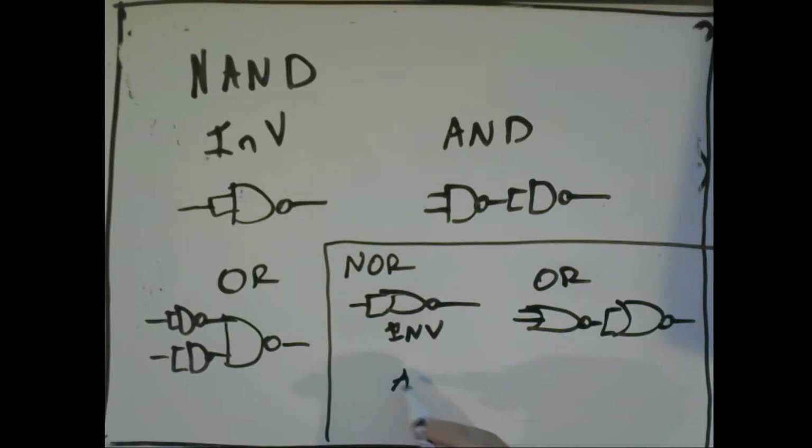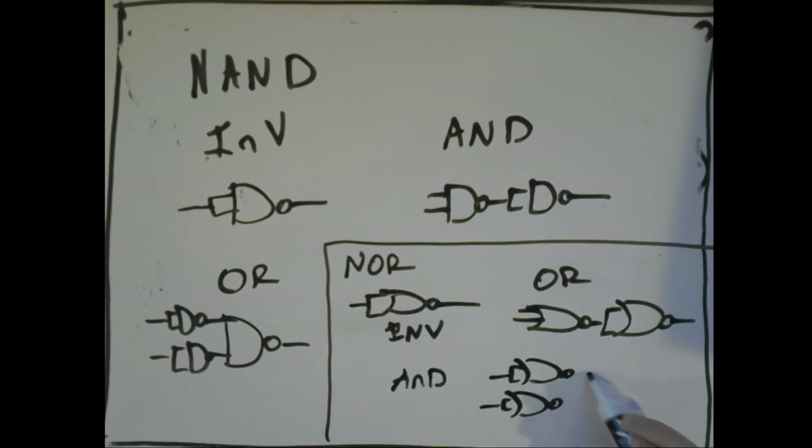And to make an AND gate, you invert the inputs. So that's how we can convert anything to NAND or NOR logic. So let's do an example.